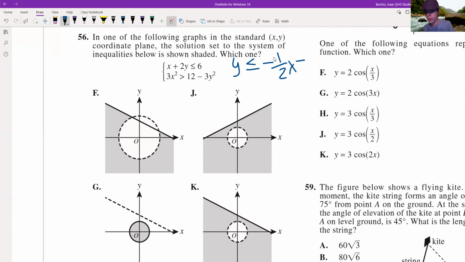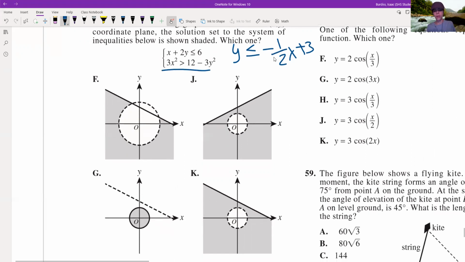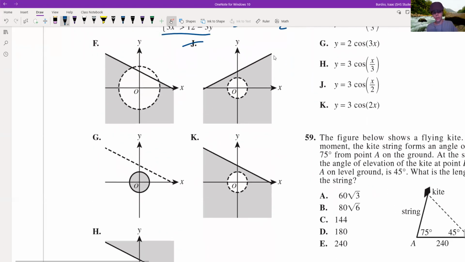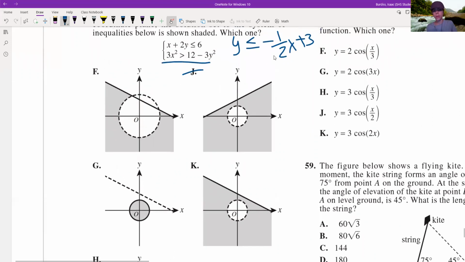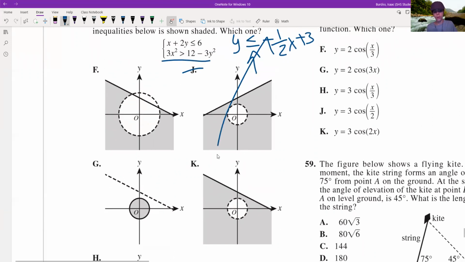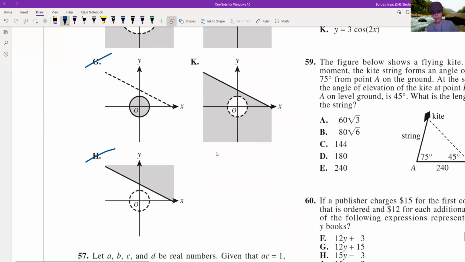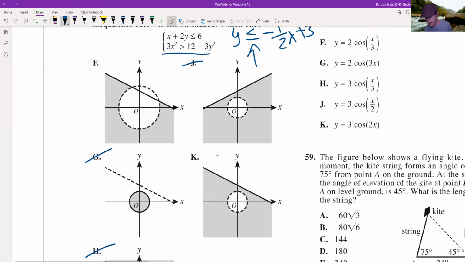Wait, yeah, plus 3, sorry. And then this one, that one is the circle one, so let's just leave it as that for now. This is the line one, so at least we know it's a negative slope. No, not J, that's a positive slope. And also we have this thing, C equal to, so take out the one that's dotted. We can also see that it's less than y, so that means the shading will be below the line, not above, so that takes away H. So it's between F and K.